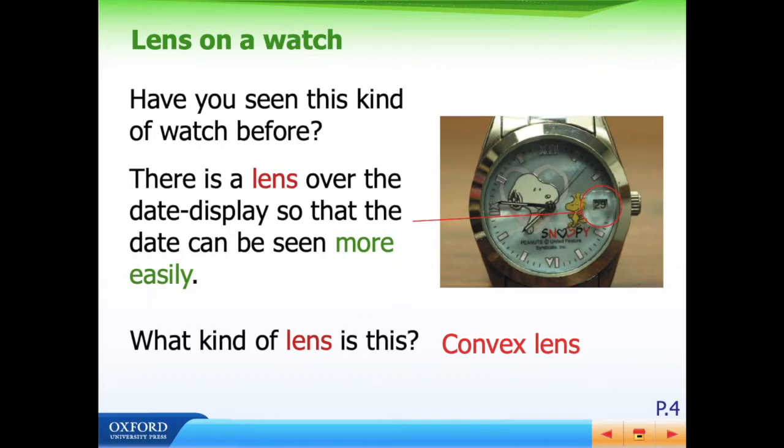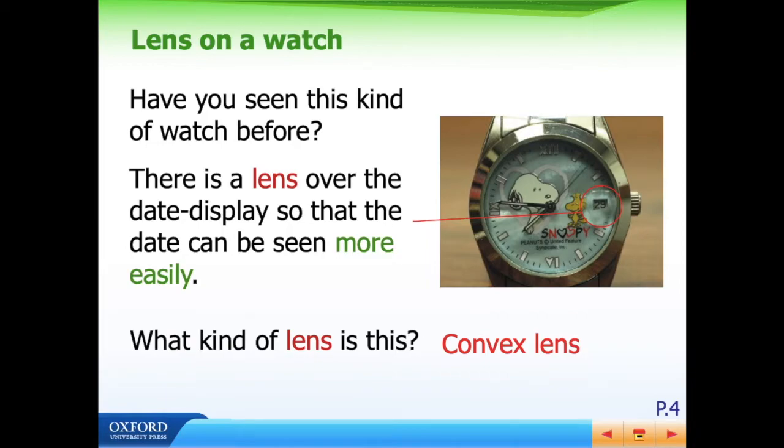Now, convex lenses have been used in many applications in our day-to-day endeavors. One application is this one being used in a watch. Another application is the lens being used for cameras, cameras for your phone, or the cameras that are used by professional photographers.